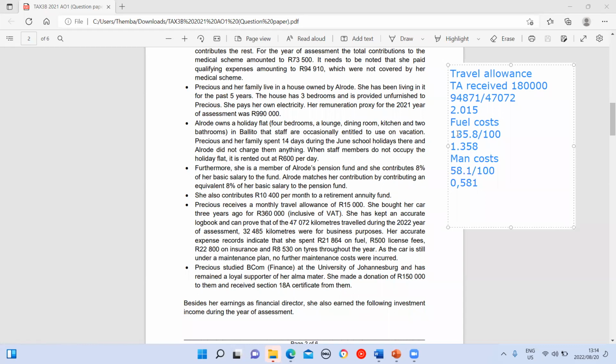Now remember what I said in my framework. You'll have to aggregate these rates to get one rate. So the aggregated rate will be equal to 2.015 plus 1.358 plus 0.581, which equals 3.954.